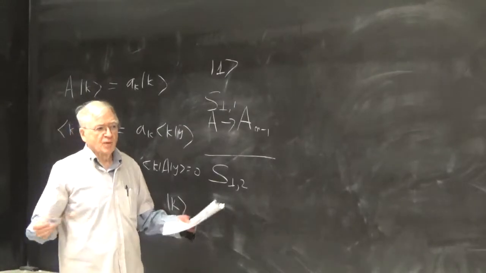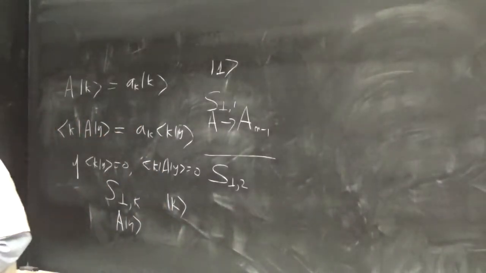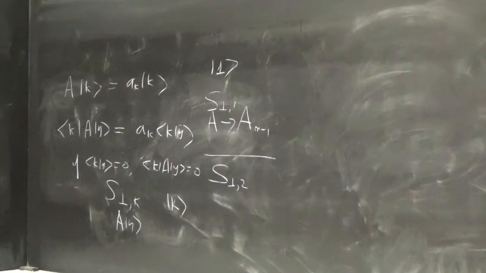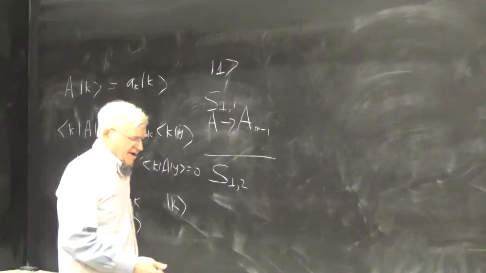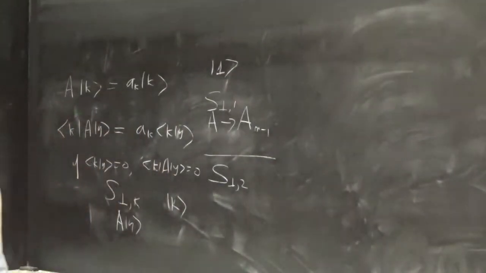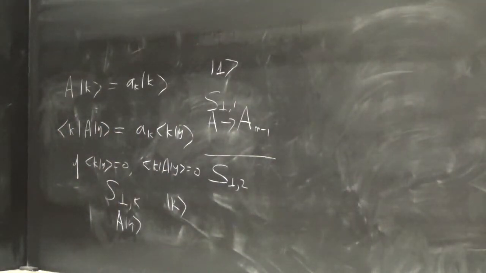Eventually you wind up with n orthogonal eigenvectors of the matrix A. And so the bottom line is that every n by n Hermitian matrix has n orthonormal eigenvectors that form a basis for the n-dimensional space on which the Hermitian operator or matrix A acts.